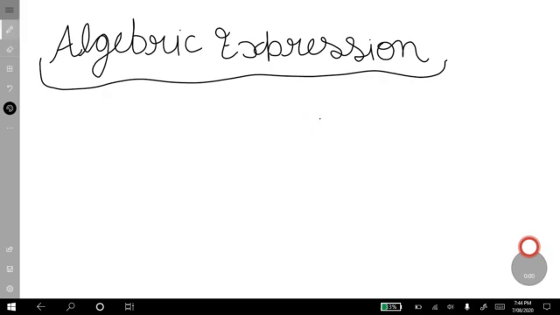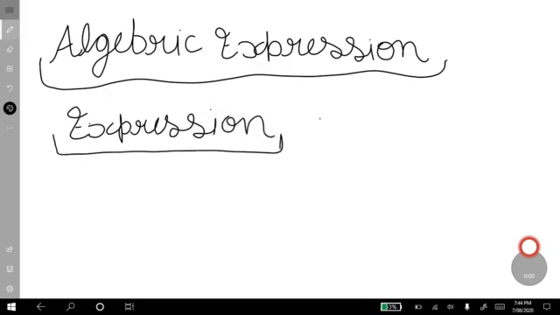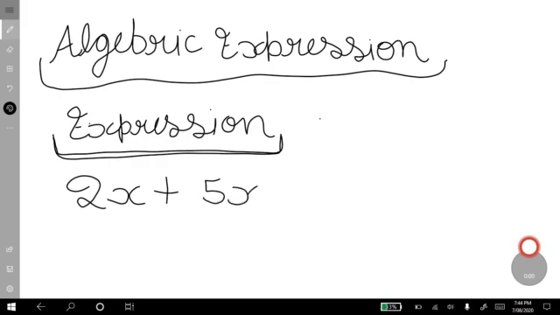Expression. What is an expression? Here I'm taking an example: 2x plus 5x. This whole thing is an expression.